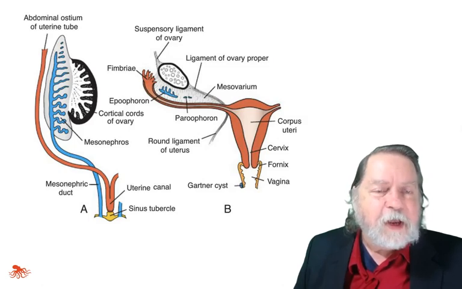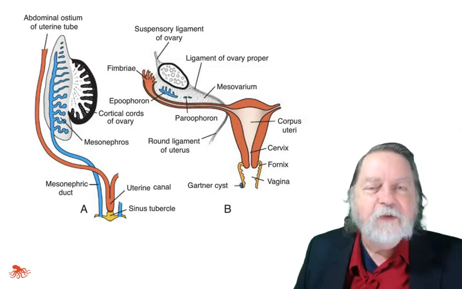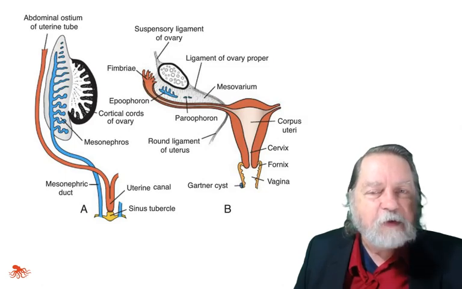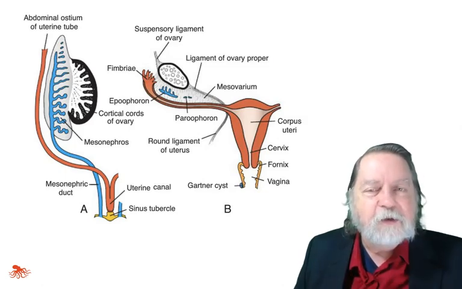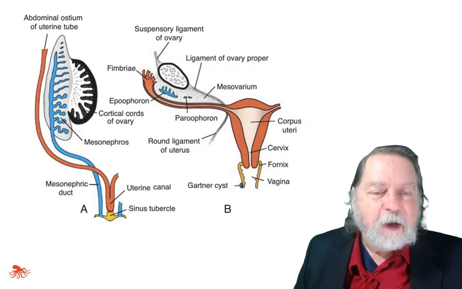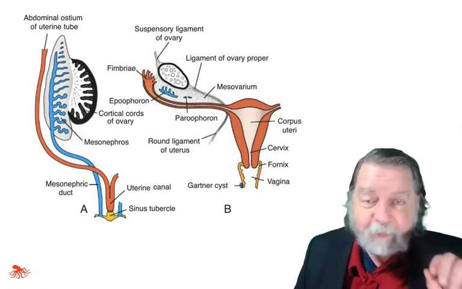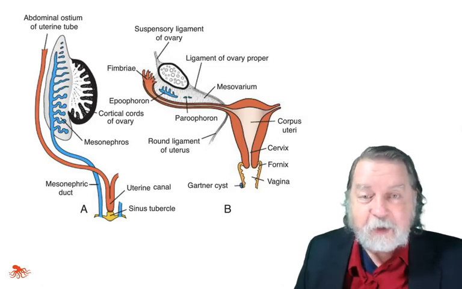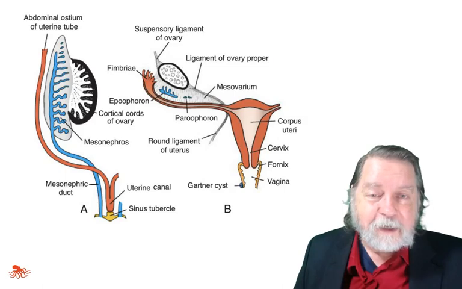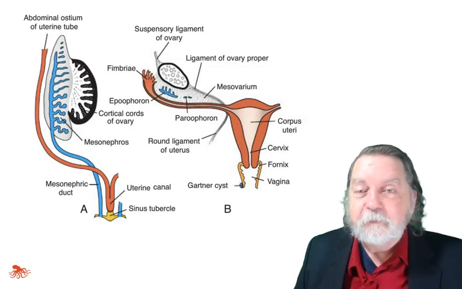Even there, it's kind of a jury-rigged situation, because it's still just popping out oocytes into the coelom, and they just drift into that open tube. This is why you sometimes get ectopic pregnancies: if an oocyte emerges and doesn't make it into the fallopian tubes, it can plant somewhere else and develop.